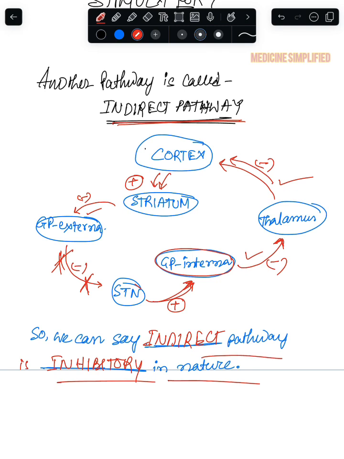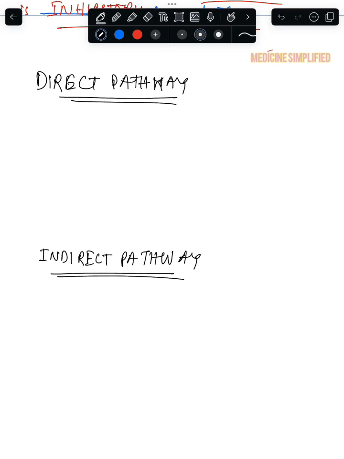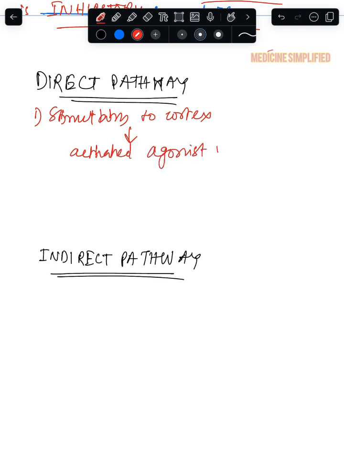So the direct pathway was stimulatory in nature, but the indirect pathway was inhibitory. So the main funda here is the direct pathway and the indirect pathway. The direct pathway is stimulatory to the cortex, which means it activates agonist muscles to carry out the work.